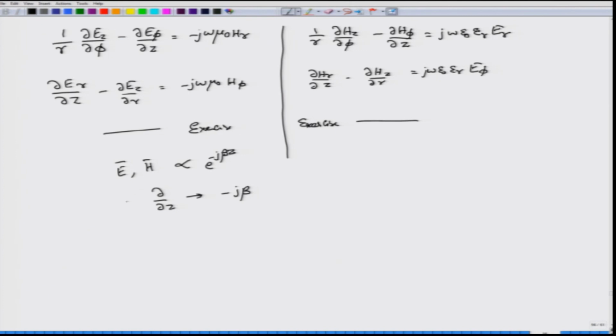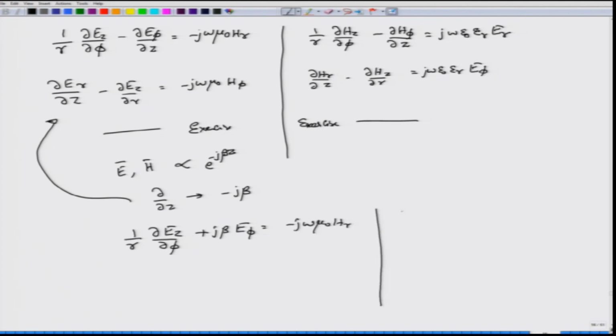I am going to make those substitutions into these equations and obtain 1 by r del E z by del phi plus j beta E phi equals minus j omega mu naught h r. Again, this is something that you have to do to fully appreciate that these equations are correct.